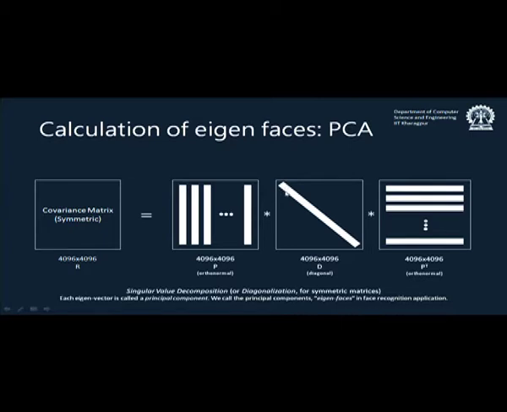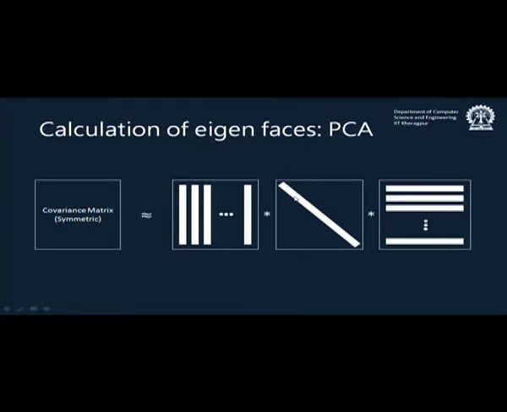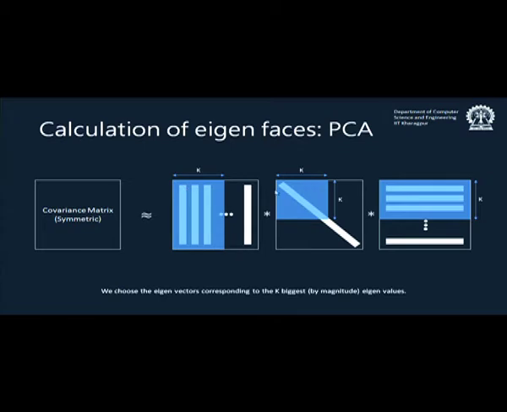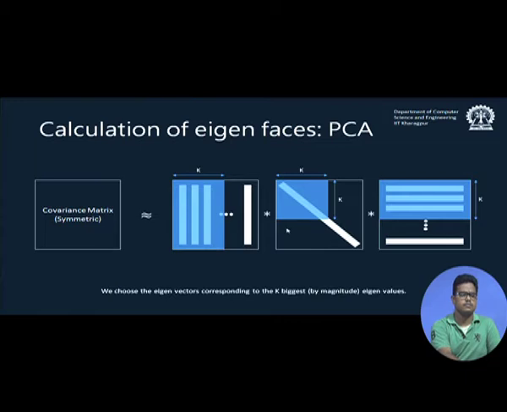the diagonal. So, what we will do is we will just choose the eigenvectors corresponding to the highest magnitude eigenvalues. The magnitude of the eigenvalue shows how much one particular eigenvector contributes to the information, how much information a particular eigenvector carries about the data.